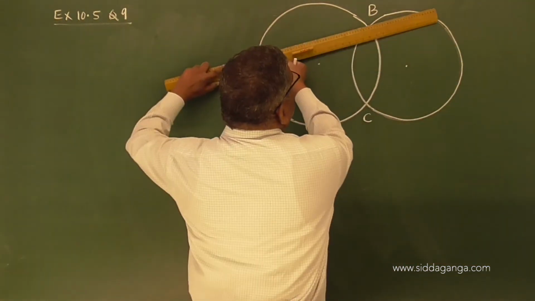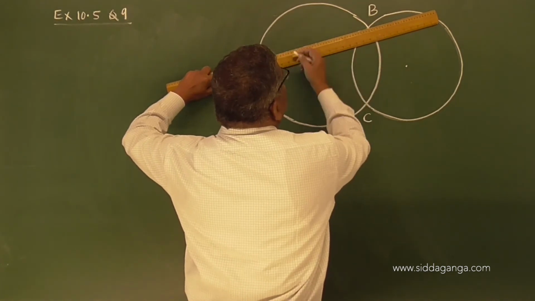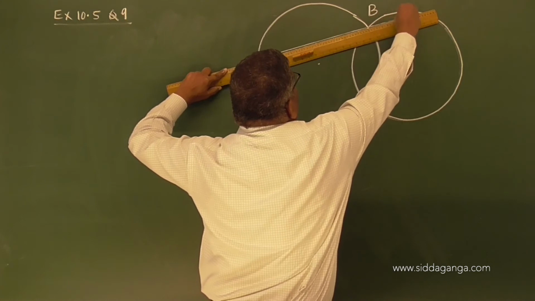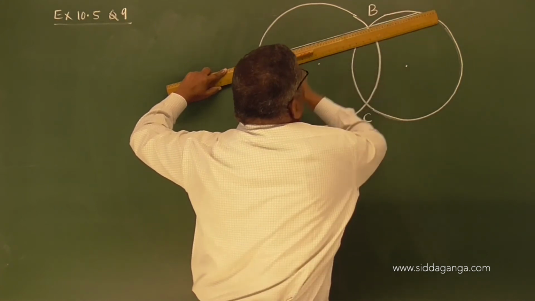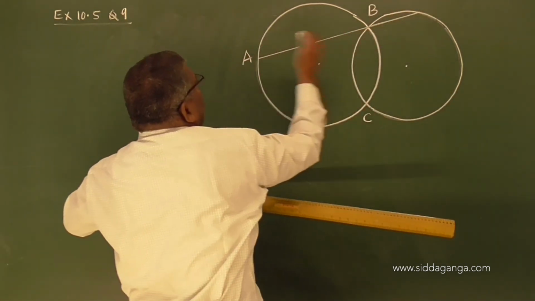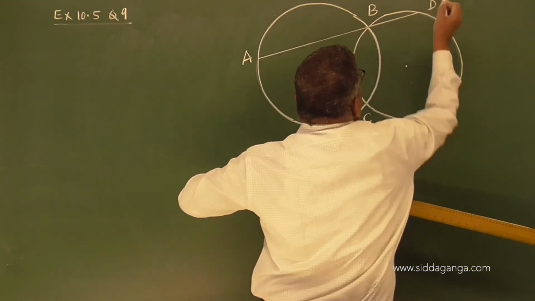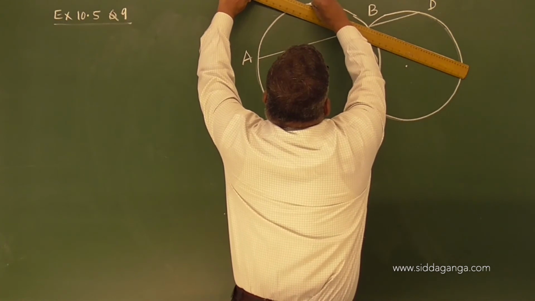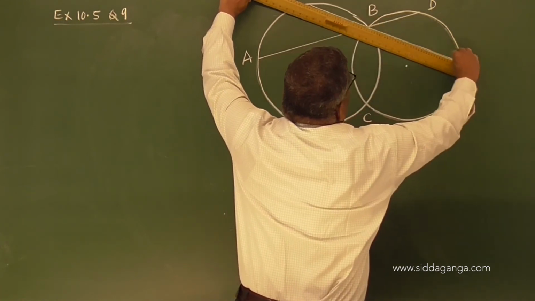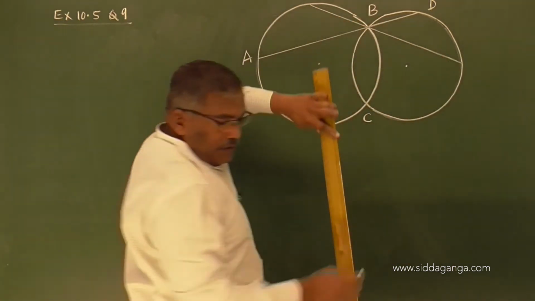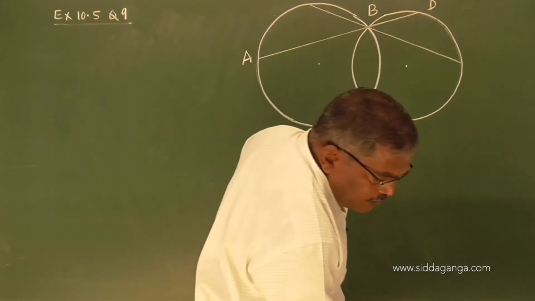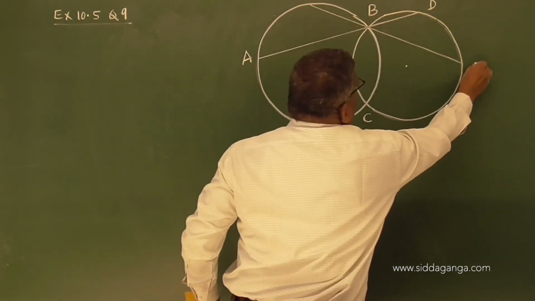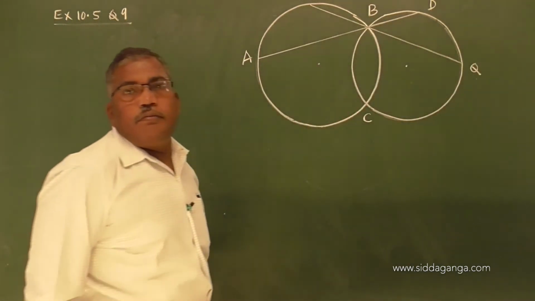ABD: this is A, this is D. And one more line from here, and this is PQ.